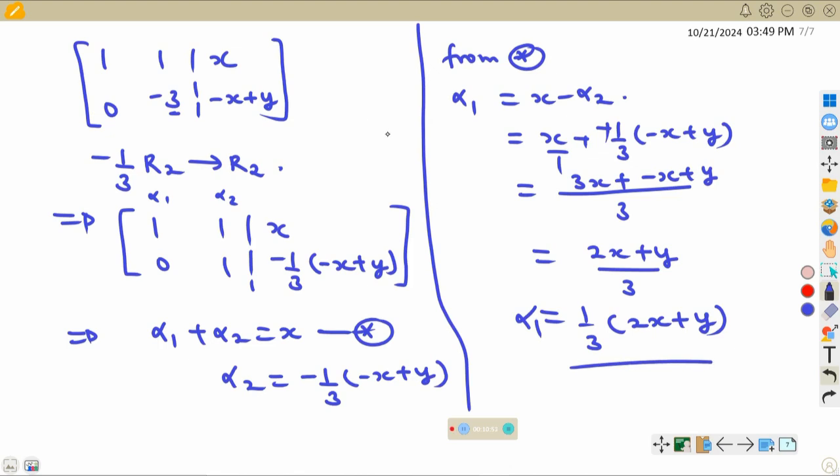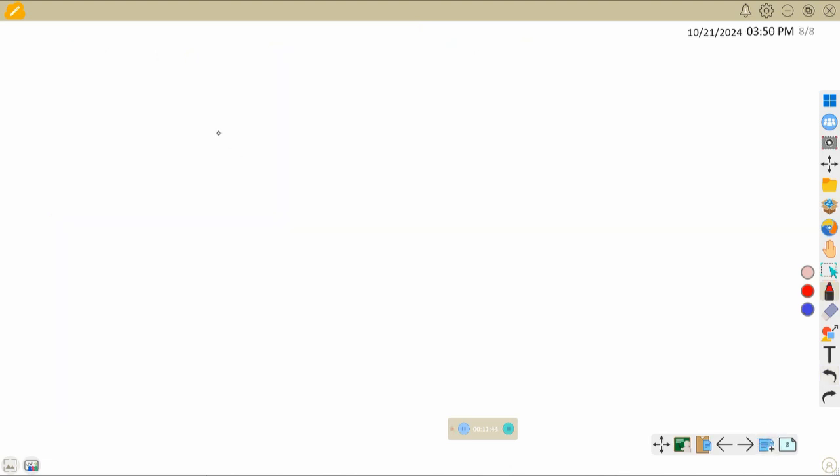So it is clear that we have got alpha 1 and alpha 2. For example, let me take my x to be 4 and y as negative 2. If you do that, what do you think will happen?